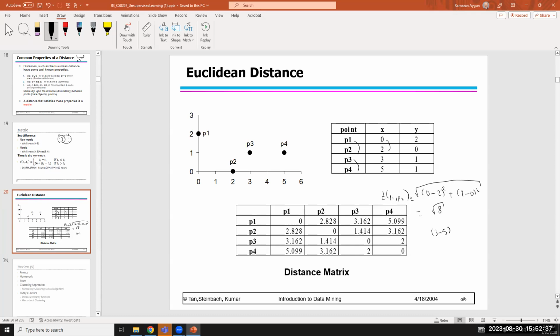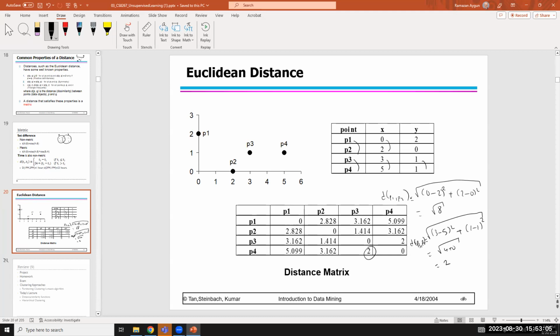3 minus 5 squared plus 1 minus 1. 3 minus 5, 1 minus 5. Distance P3, P4, you are going to get 4 plus 0, you are going to get square root of 4, which is 2.